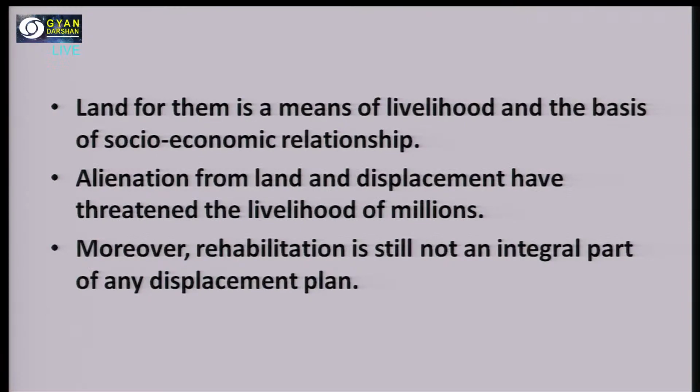And most of the tribals to whom the land belongs were unaware of the title deed or whatsoever. So this has been percolating down during the pre-independence, and it continued after the independence of India. Now, land for them is a means of livelihood, as we've mentioned, as it sets the basis for socio-economic relationships.